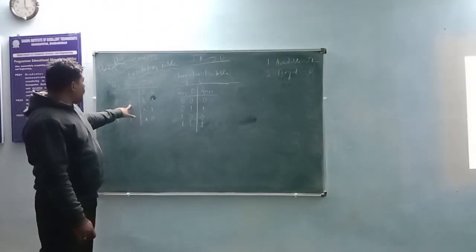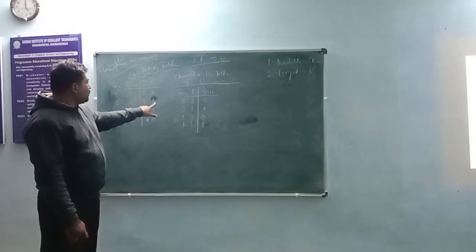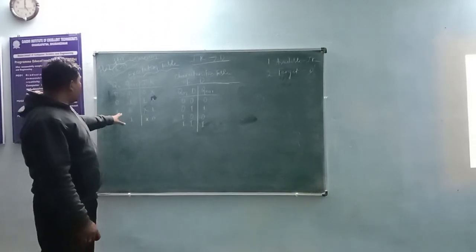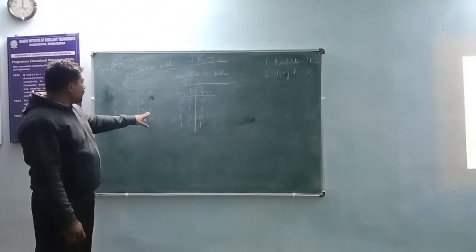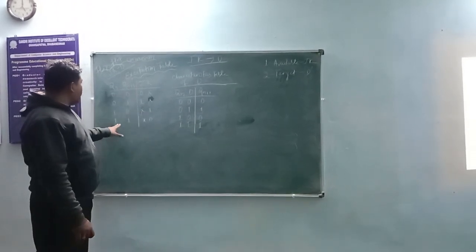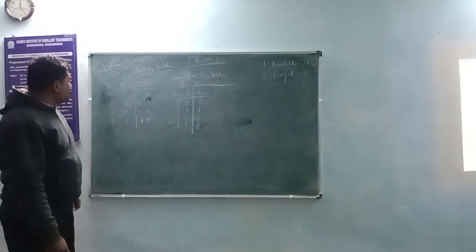For 0 1 as Qn and Qn plus 1, J is 1 and K is again don't care. For 1 0 as present state and next state, J is don't care and K is 1. And for Qn and Qn plus 1 as 1 1, you can see J is don't care and K is 0.